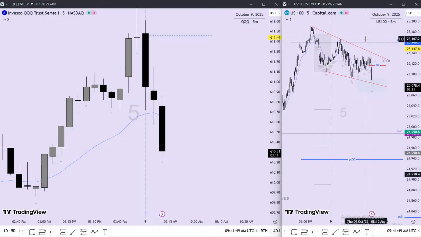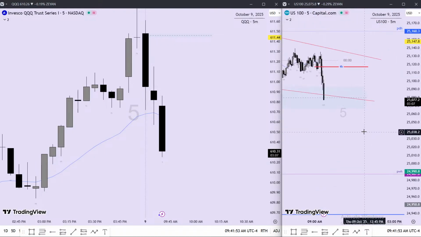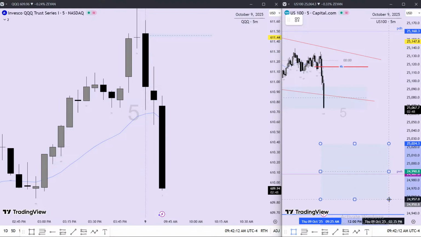If we start to move down with more weakness, my target will be 25,024 to 970, 907.